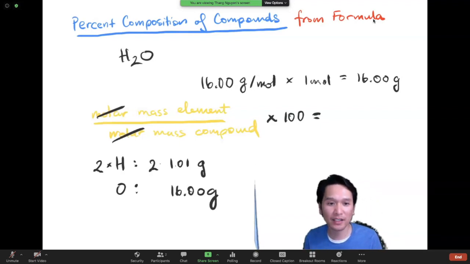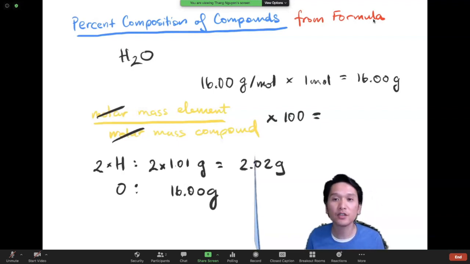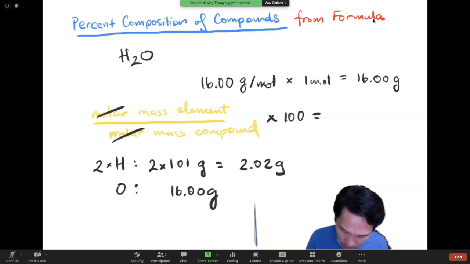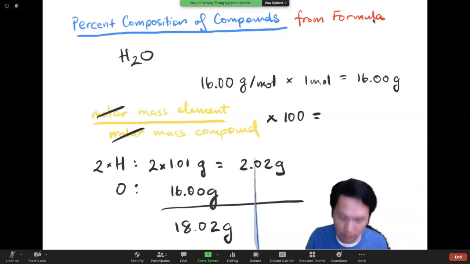Again, there are 2 hydrogens, so we have to multiply the mass by 2, giving us 2.02 grams. So the total mass is 16.00 plus 2.02. What is that equal to? That will be 18.02 grams. All right, so we have the total mass. So now let's calculate the percent composition of each element one at a time.